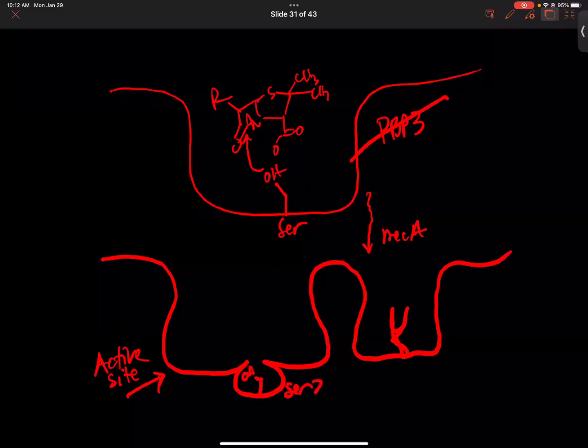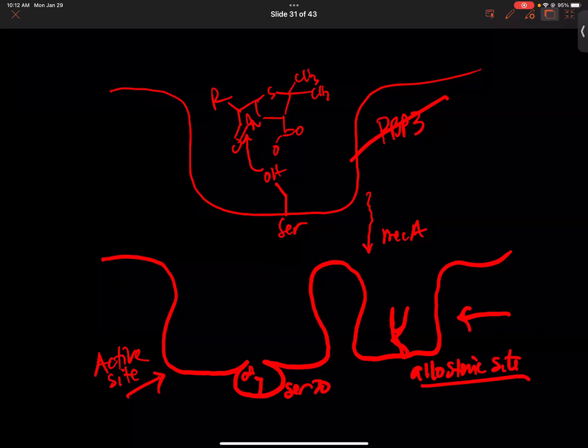Here's our serine 70-ish. Okay. And then off to the side, we have this allosteric site.